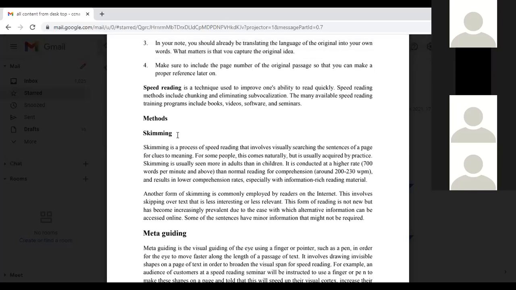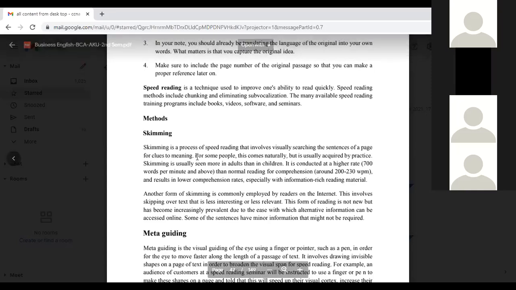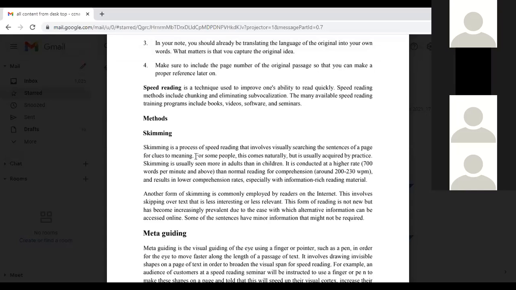Skimming is a style of reading which we will do in the chapter later on. Skimming, scanning, intensive reading, all this is done exclusively in the chapter for reading skills. So skimming is a process of speed reading that involves visually searching the sentences of a page for clues to meaning. So when you open the dictionary, you search it by using your finger.